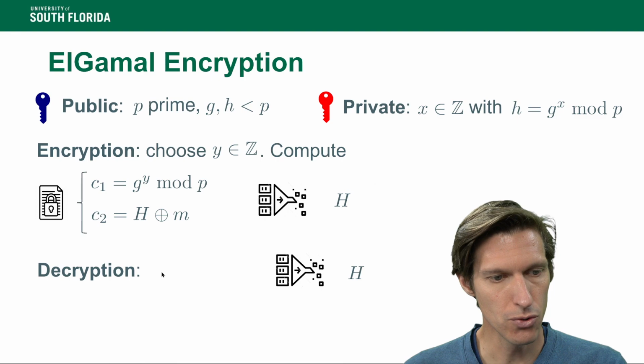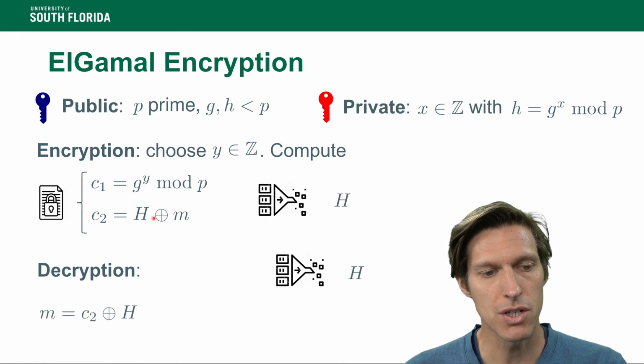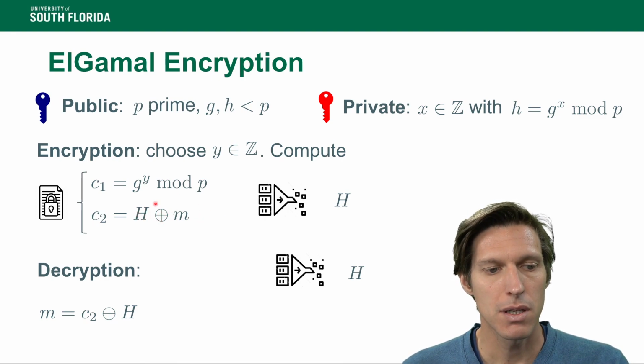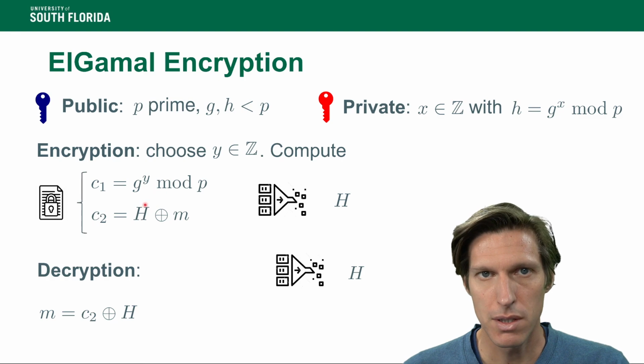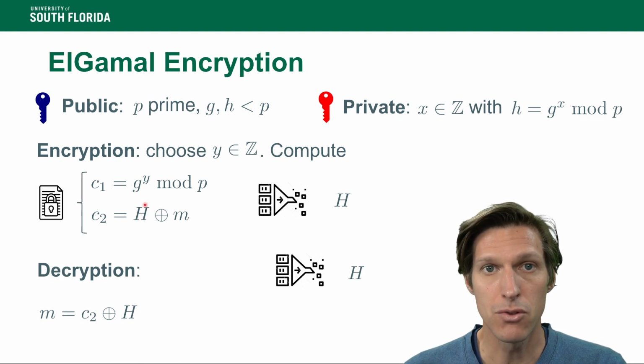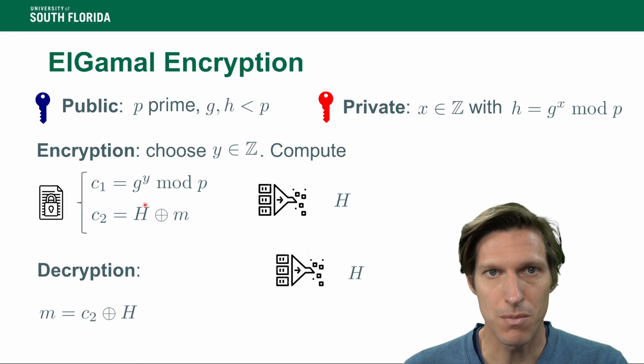And then you take C2 and you XOR it with h. Now, h XOR m XOR h, the h's cancel each other. It's just like when you do the one-time pad, right? When you XOR with something and then you XOR again with the same thing, the original secret thing that you XORed your message with just disappears.